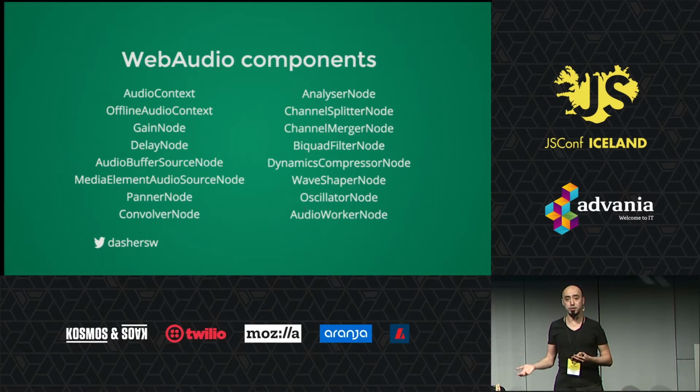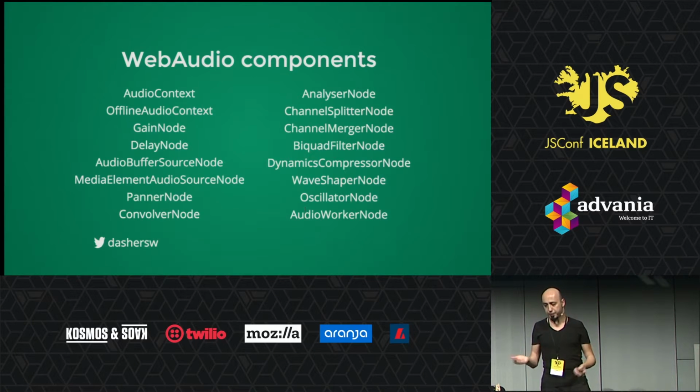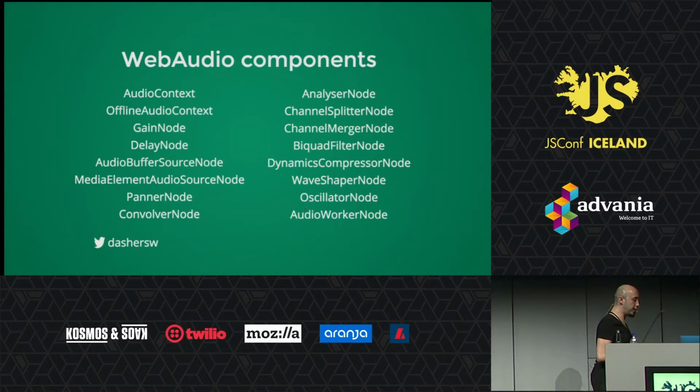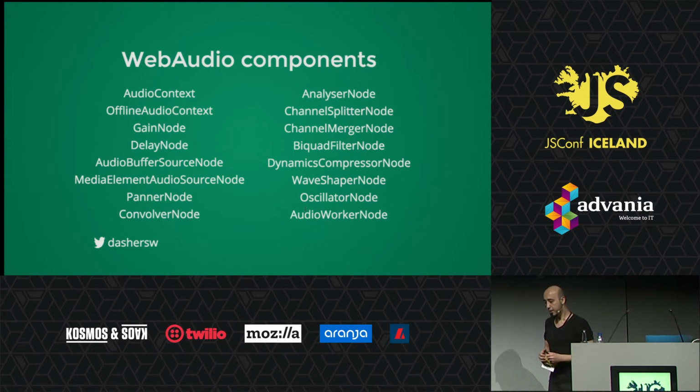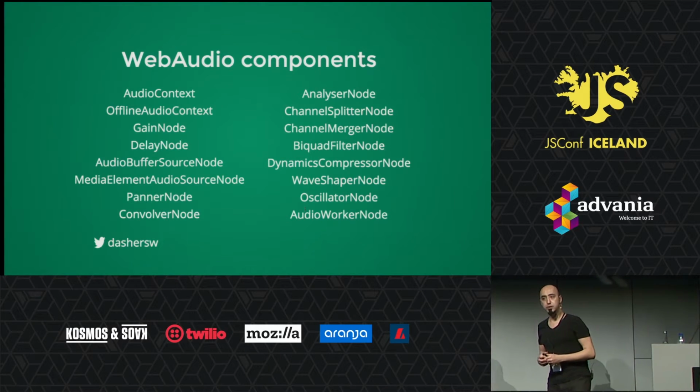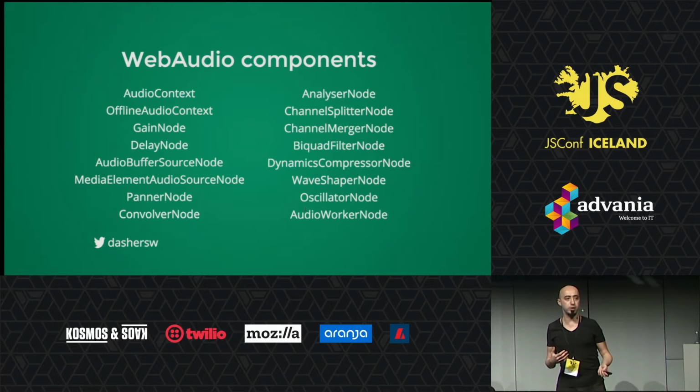And you can have an analyzer node, so you can actually grab the signal and look at its properties. So look at the frequency content, look at the power, and you can do various effects based on that. You can split them into multiple channels, multiple tracks, so that the graph can get wider and wider as you want. It has a lot of nodes, and lately they also introduced some audio worker. So it's like a service worker. It works in the background.